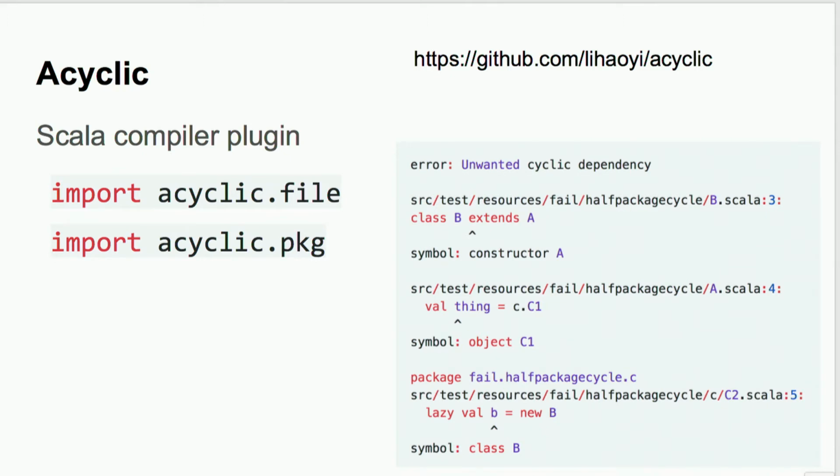I don't think it does class level, and I think that's probably sensible. Like, I'm not sure you would ever. It seems perfectly normal to me to have a cycle of classes in a single file.